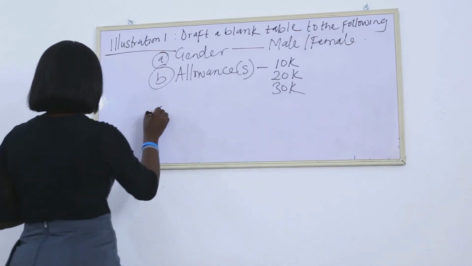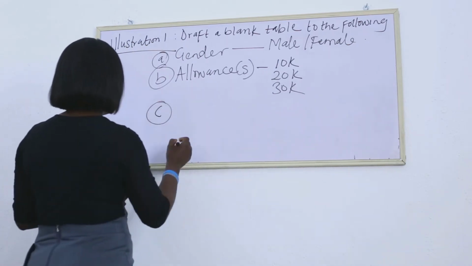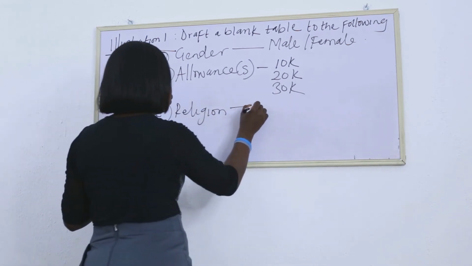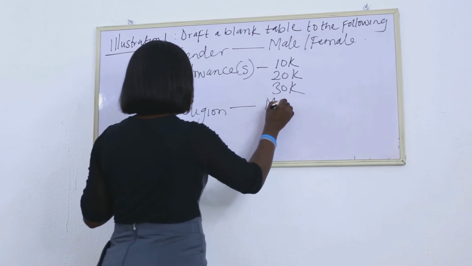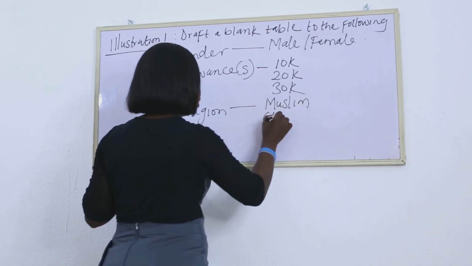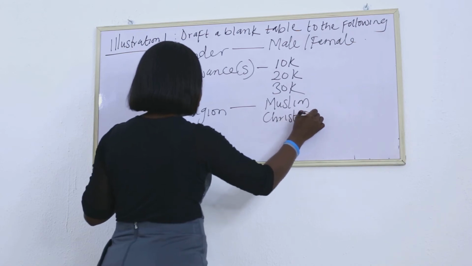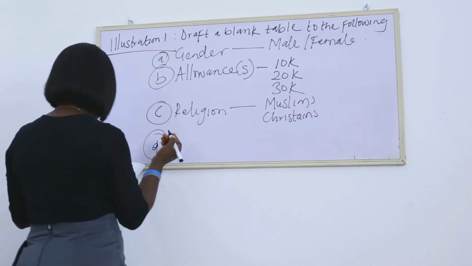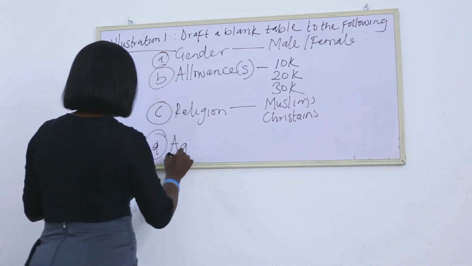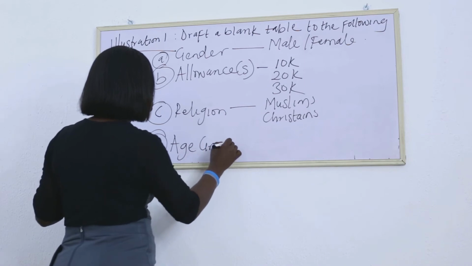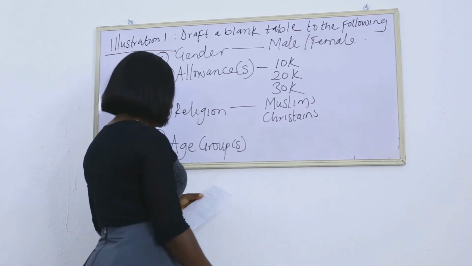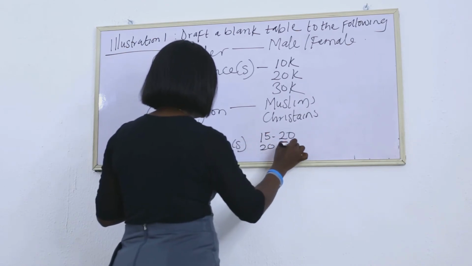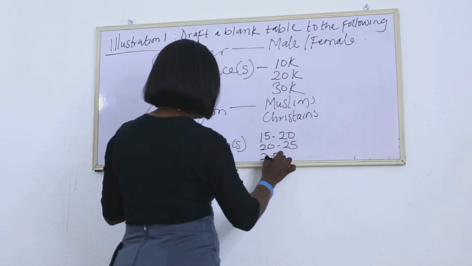Then the third thing that will be represented on that table is religion, and the religions we'll be looking at now are Muslims and Christians. Then the last thing that will be represented on that table is the age group of students. And the age groups we'll be looking at are 15 to 20, 20 to 25, then 25 to 30.